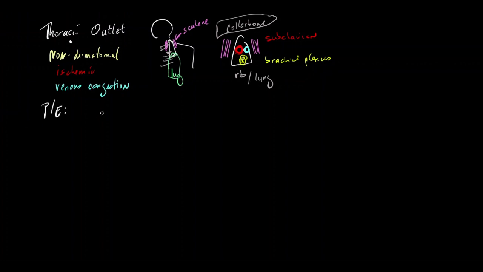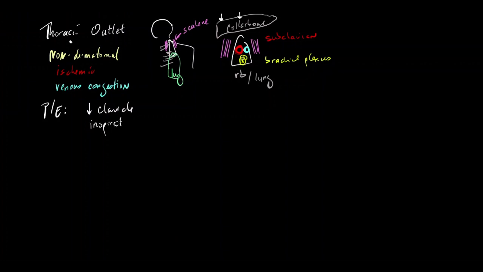Physical exam is once again quite confusing, but essentially you are finding a way to compress that thoracic outlet. You, for example, push down on the clavicle. If you're pushing down on the clavicle, so pushing down here, that will compress the thoracic outlet. So compression of the clavicle. So you have them take a deep breath.